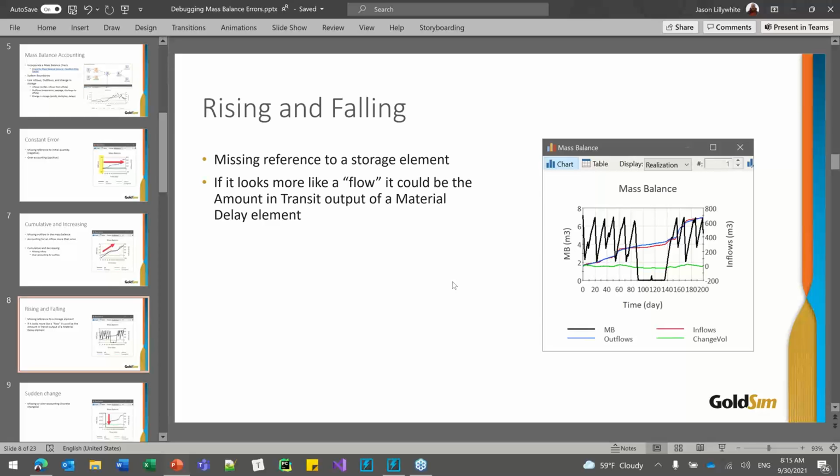If you're missing a reference to any storage elements in your model, and this storage element that you're modeling has an upper or lower bound, then you will see something like this where it's hitting what appears to be a similar point each time at the top or at the bottom, and it's going up and down like a pond would as it's draining and filling.